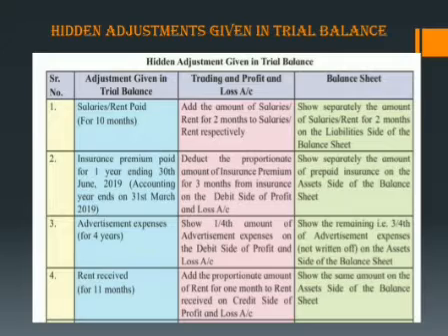Second adjustment: insurance premium paid for 1 year ending 30th June 2019, and our accounting year ends on 31st March 2019. Here again the premium is paid in advance for 3 months, that is April, May and June.